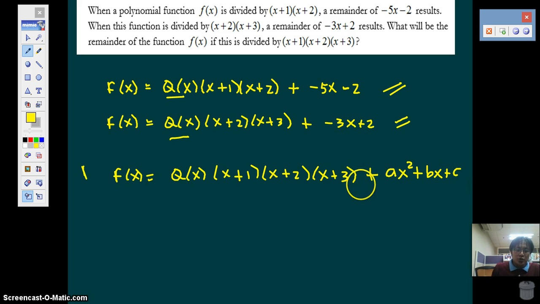Remember, your remainder is always one degree lower than the degree of your divisor. Notice that in the problem, we need the values of f of negative 1, f of negative 2, and f of negative 3. That's what we will be getting from these two. So let's start here.